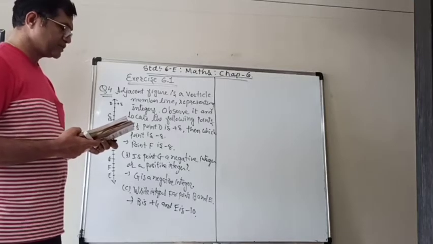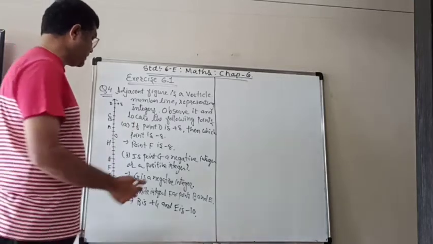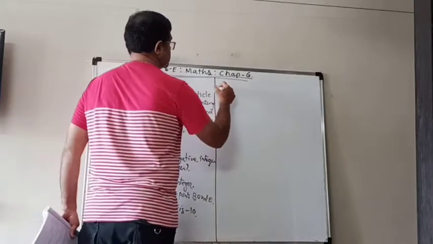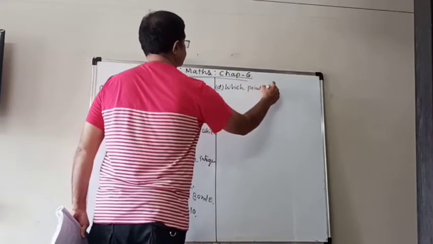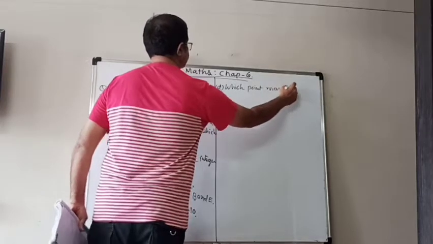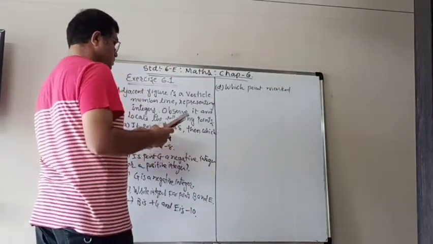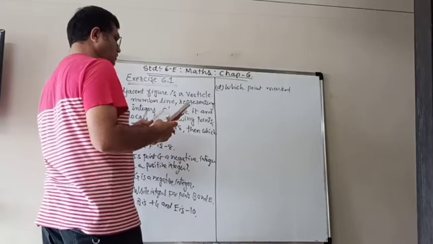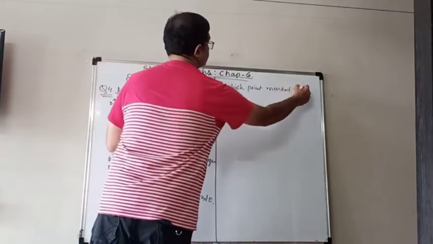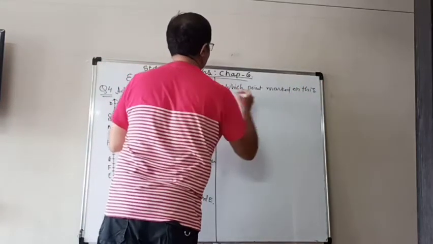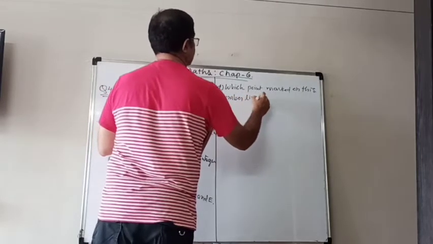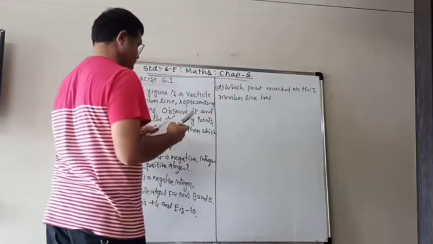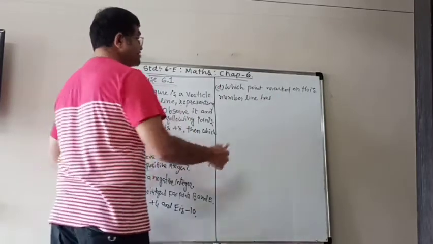Then the next question: which point marked on this number line has the least value?